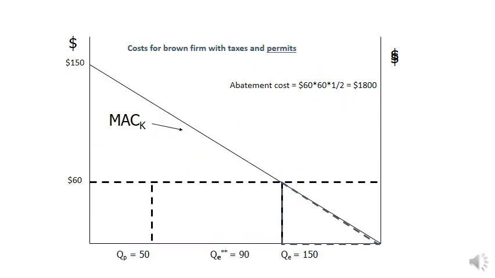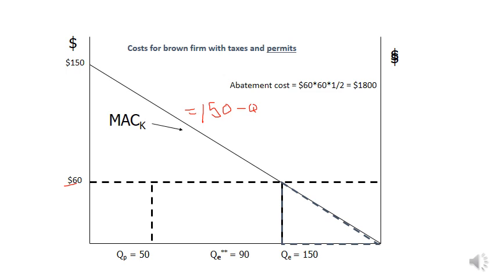What about the brown firm? And just to remind everyone, their marginal abatement cost function was 150 minus Q. So again, this firm was allocated 50 polluting units. And the cost of a permit on the open market is $60.